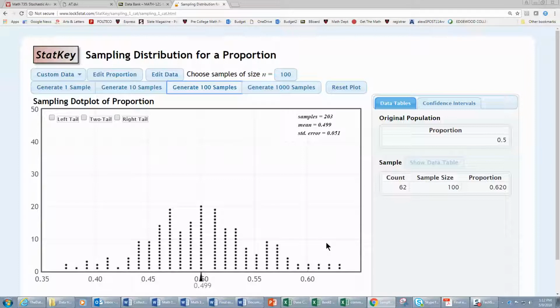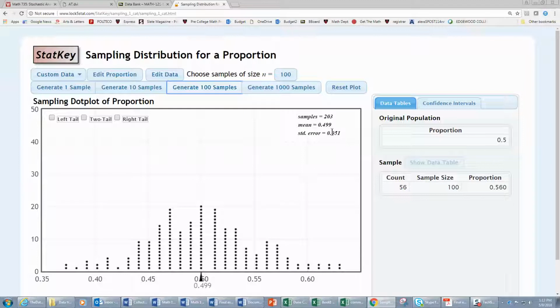If the race is actually tied, and you go out and sample 100 people, well, we got one example that was as low as 37%, and one example that was as high as 63%. When you move your cursor over the dots, it tells you the proportion there.